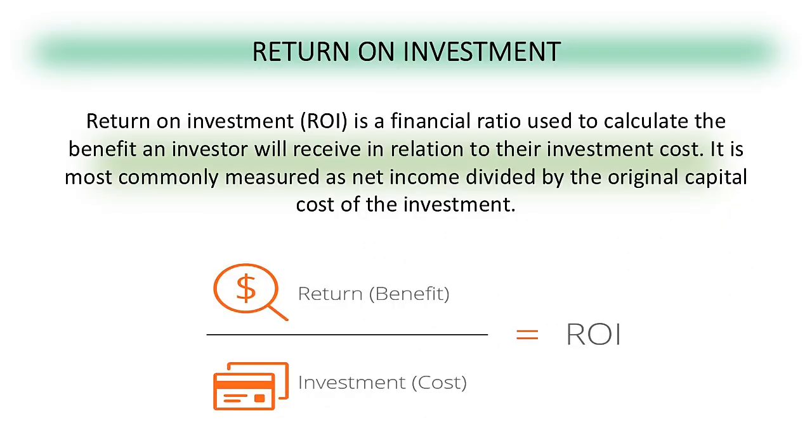Another one is the return on investment. ROI is a financial ratio used to calculate the benefit an investor will receive in relation to their investment cost. It is commonly measured as net income divided by the original capital cost of the investment. So let's have an example of the computation of return on investment.